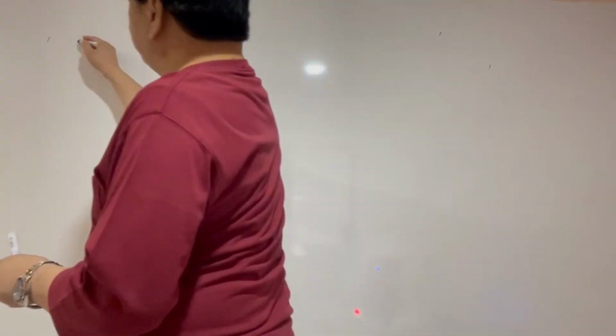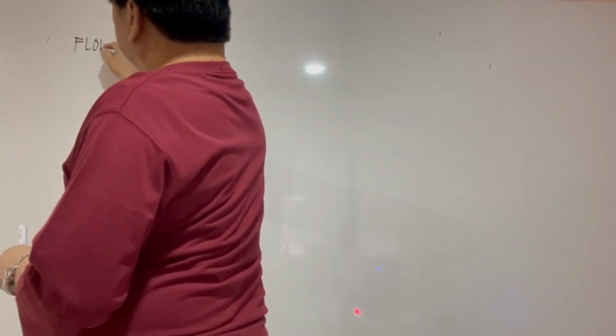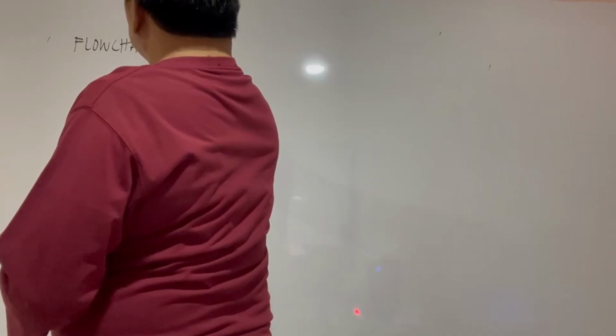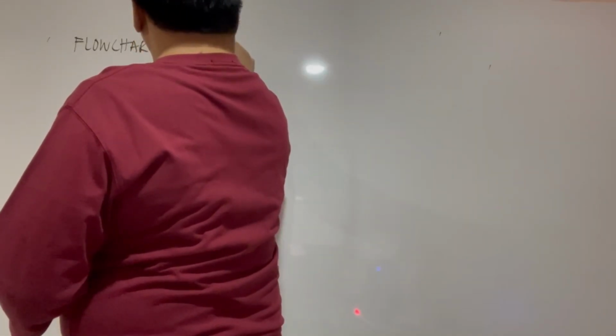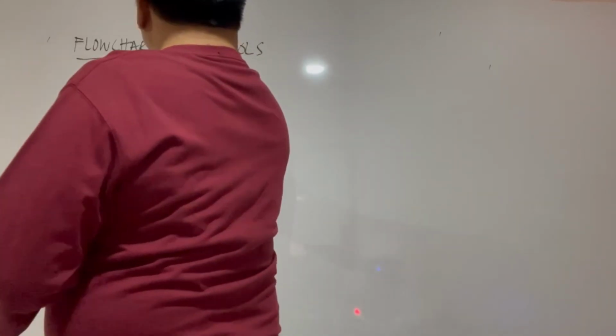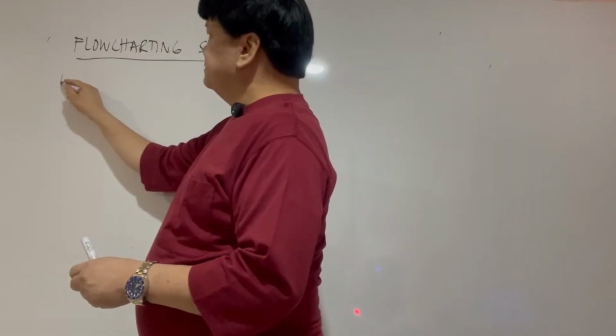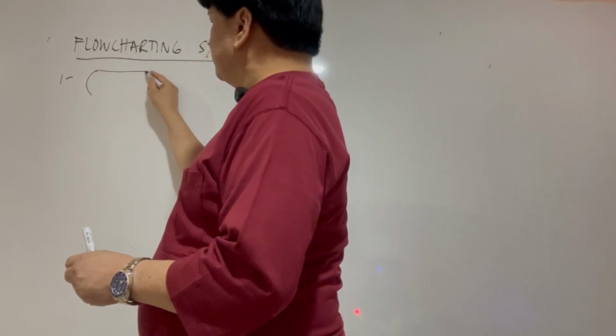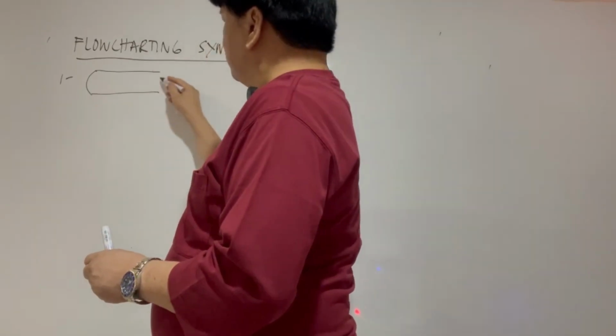Each symbol represents a specific action. And what are these standard flowcharting symbols? We have number one, the oval.